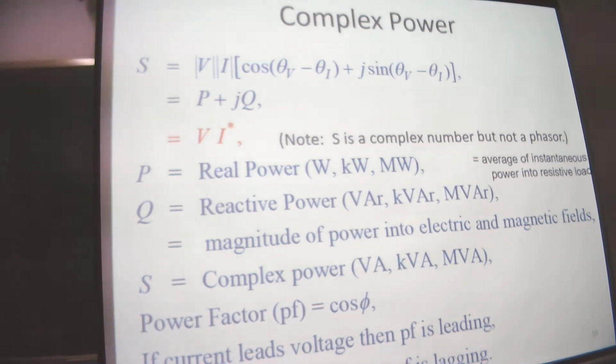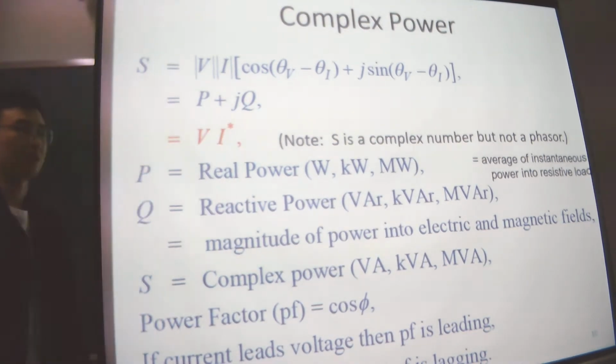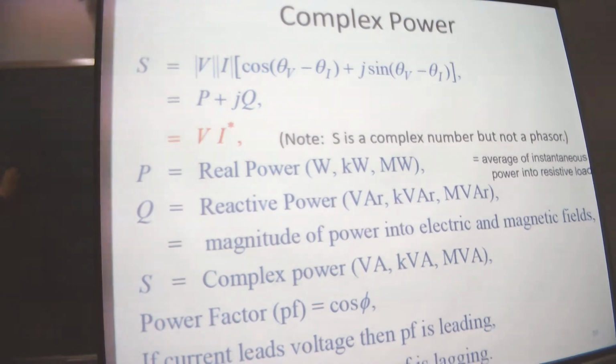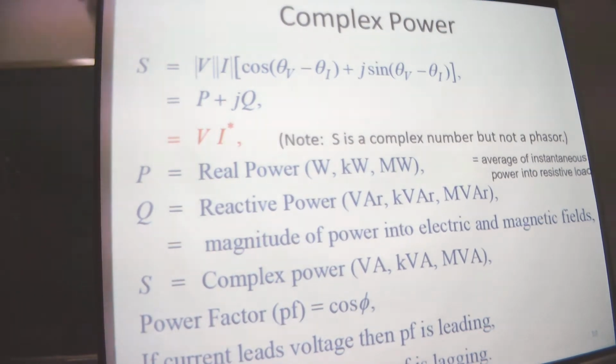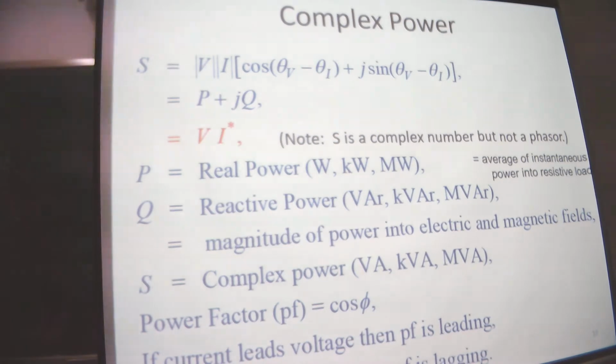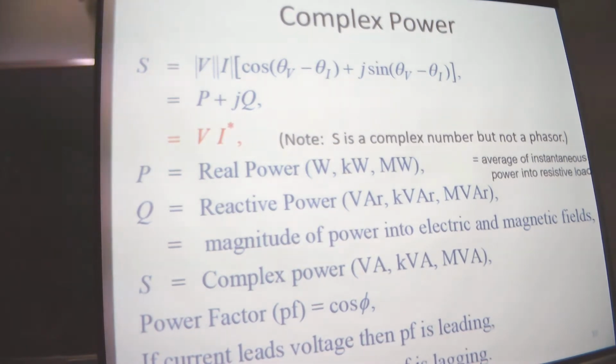The plus is minus, and the minus is plus. So this is 45 degrees, minus 45 degrees. So this star means that you substitute from here to here, using its complex conjugate.